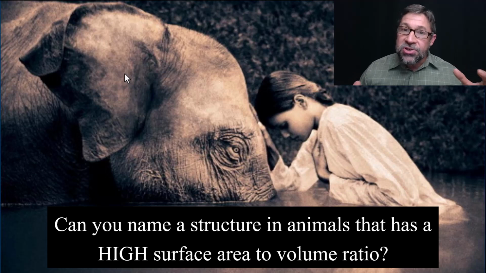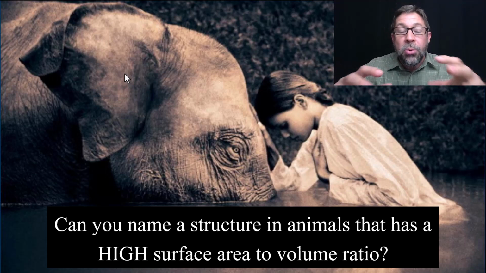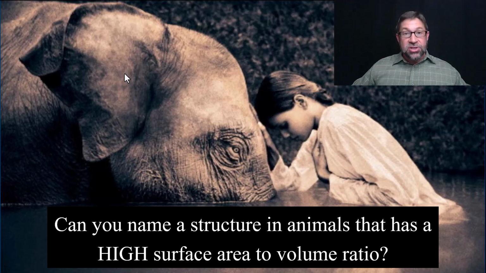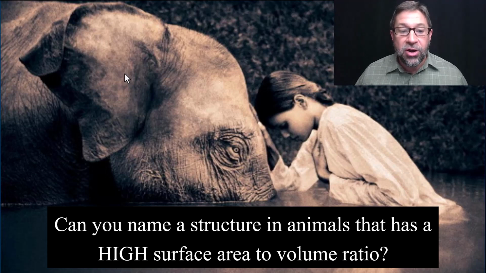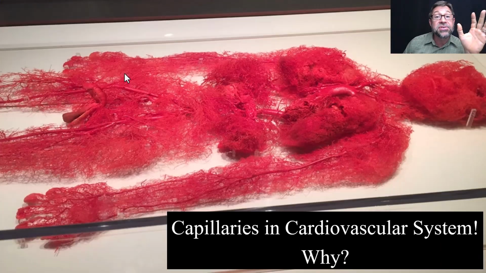Therefore, we would expect to see high surface area relative to volume ratios in animal organ systems whose functions are also to absorb or exchange materials with their environment. And as predicted, this is exactly what we see.